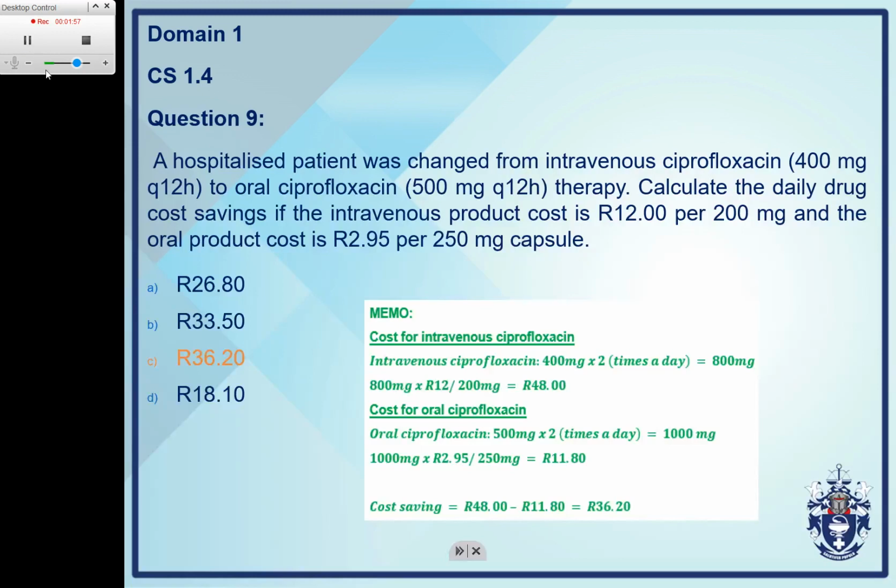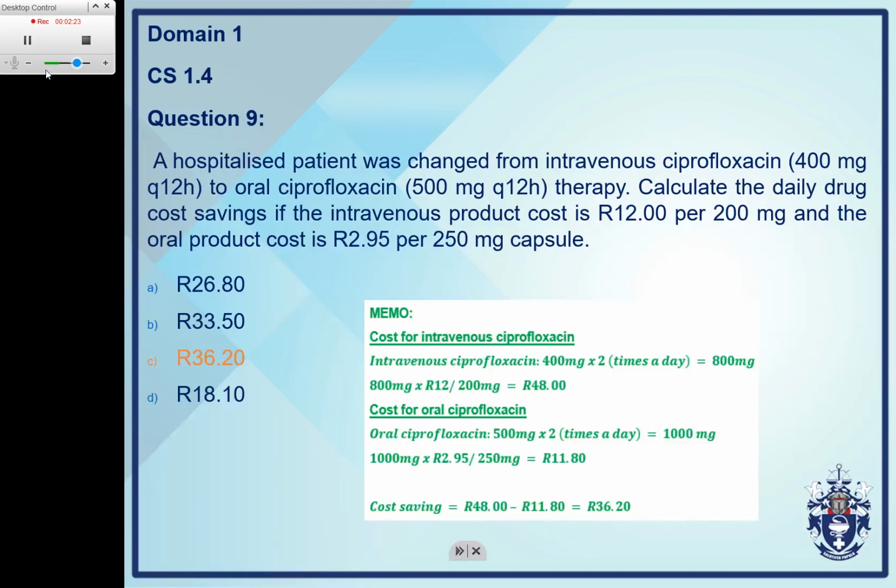And the way that this was calculated was based on the information given in the question. The question states that for the intravenous route, the cost of treatment is 12 Rands per 200 milligrams of ciprofloxacin. And for the oral route, it is 2.95 Rand per 250 milligrams of ciprofloxacin.